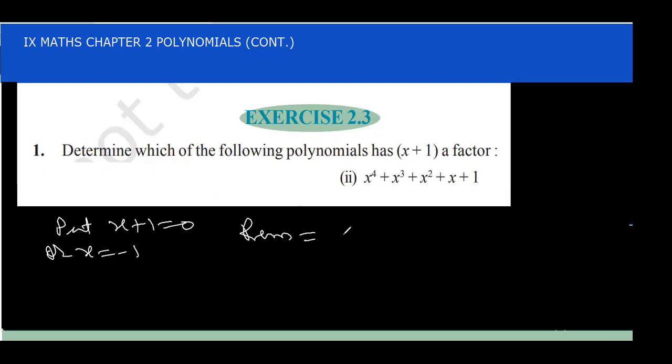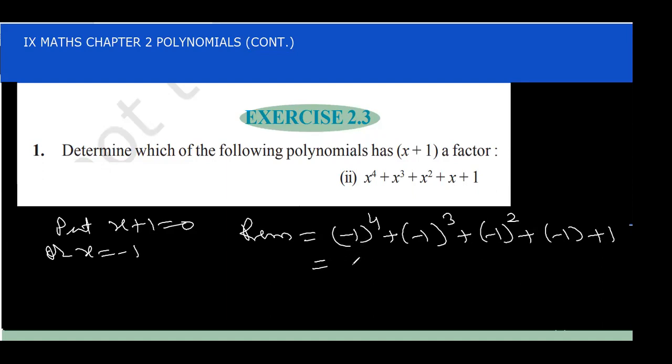So remainder is equal to (-1) power 4 plus (-1) power 3 plus (-1) power 2 plus (-1) plus 1. जहां भी x है, you replace x by minus 1. That is 1 minus 1 plus 1 minus 1 plus 1. So that is 3 minus 2, that is 1, that is not equal to 0.